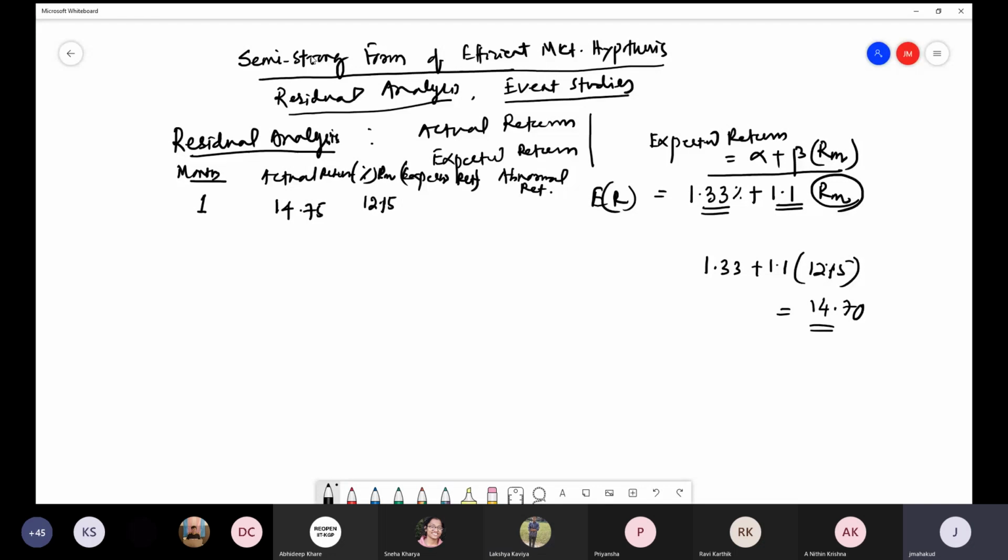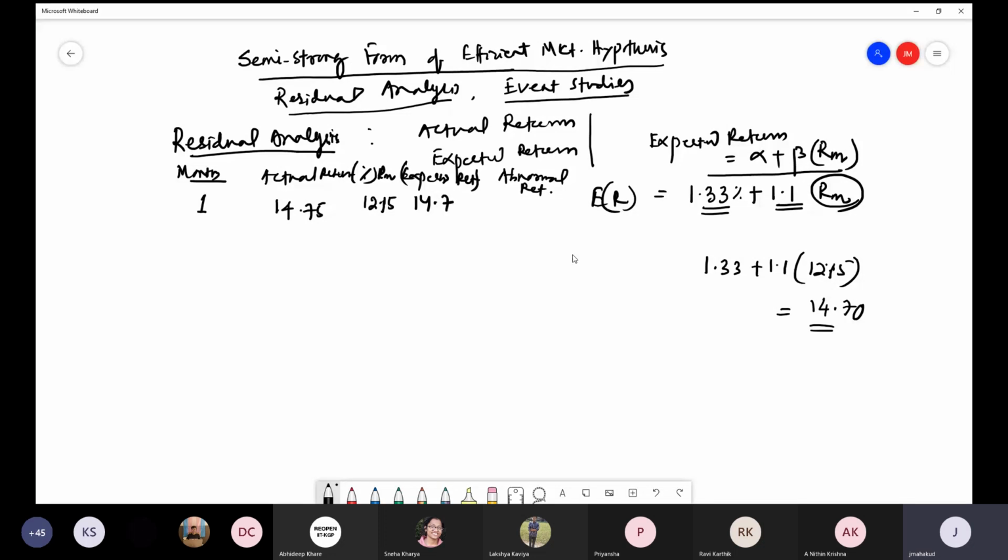Is it correct? Yes, sir. 1.1 into 12.15 plus 1.33, around 14.695, then 14.70, right? Okay. So your expected return has become 14.7.